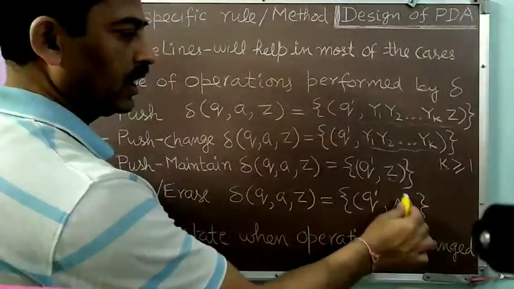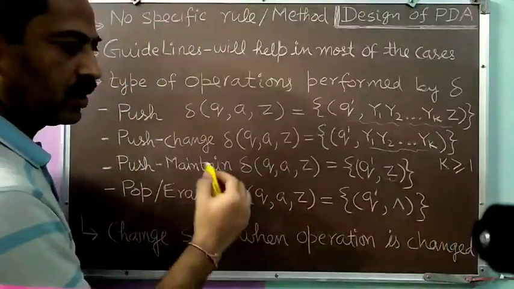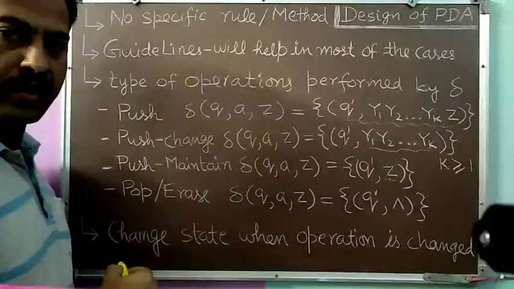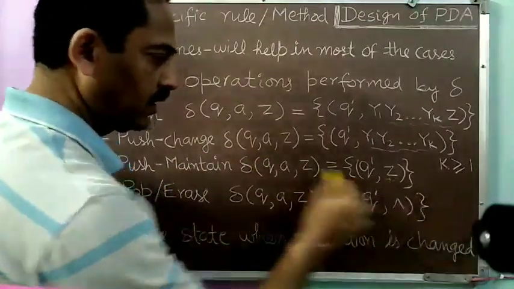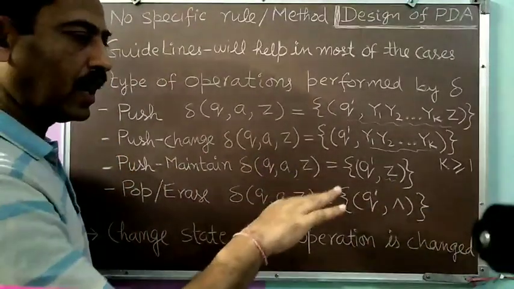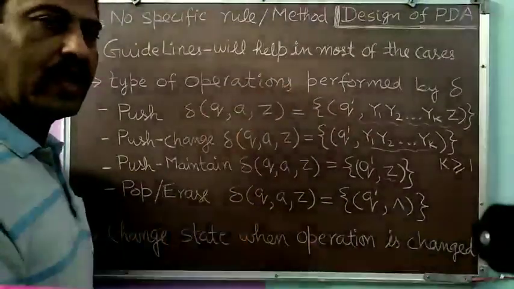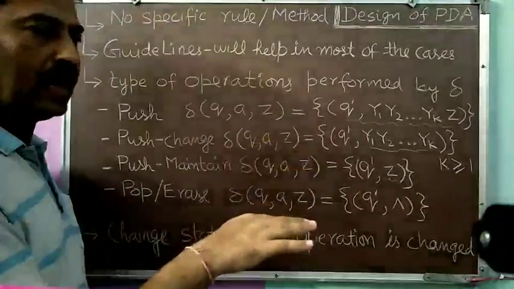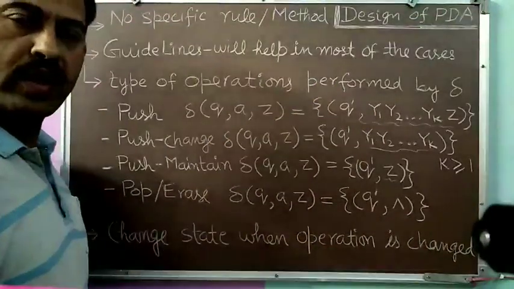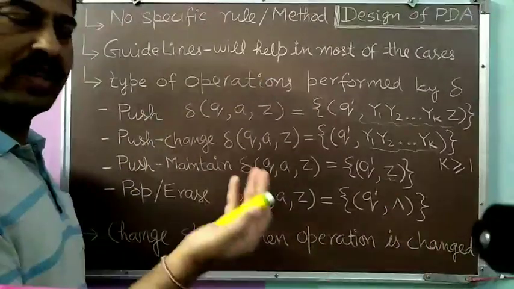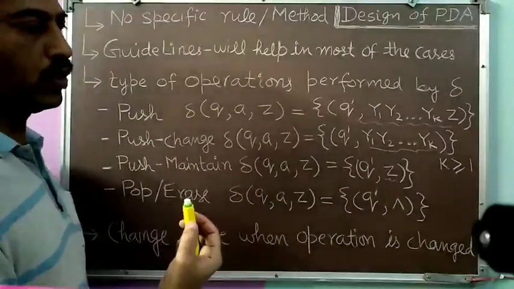In making this transition, we have removed the topmost push down store symbol. So we are decreasing the length of the string stored over the PDS, because we are deleting, removing, or popping the topmost push down store symbol.